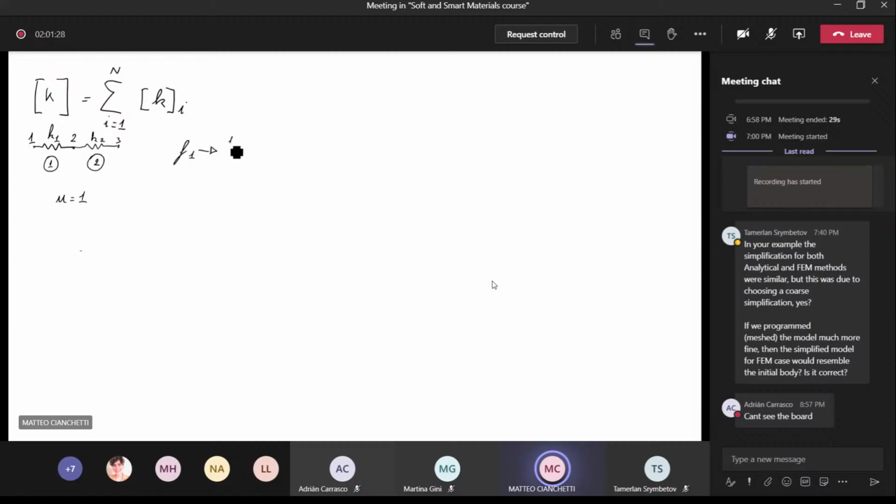So we have node 1. Here, since the displacement is unit value, we can write K1, right? And this is for node 1. Let's consider it also for node 2. We have K1.